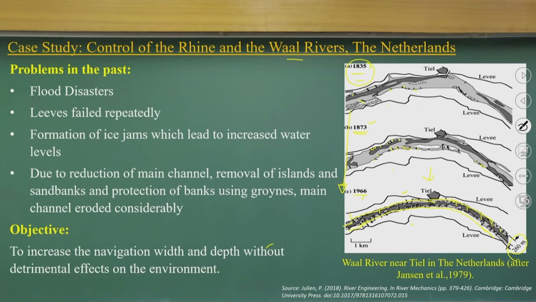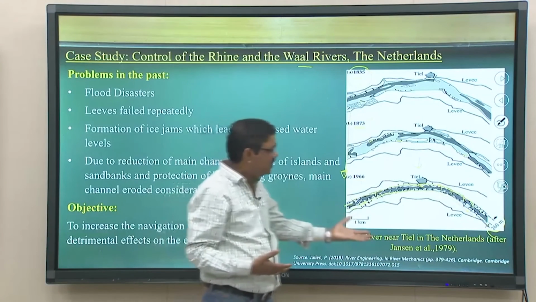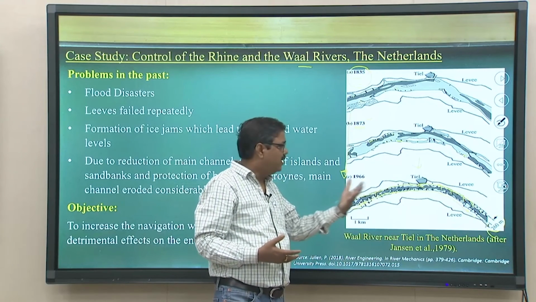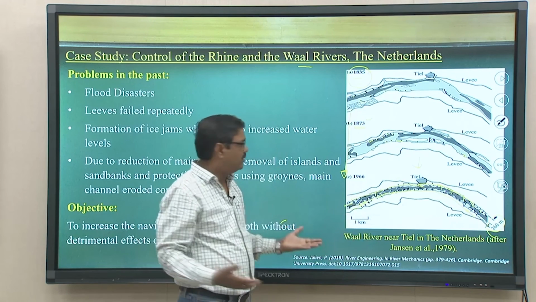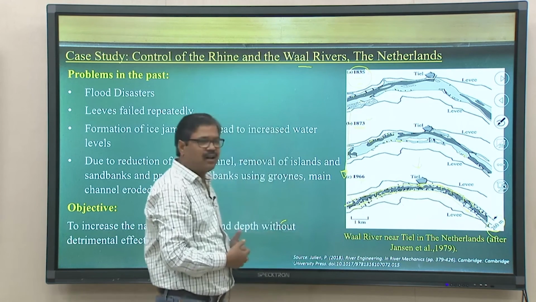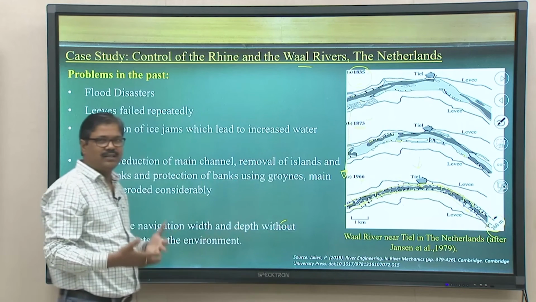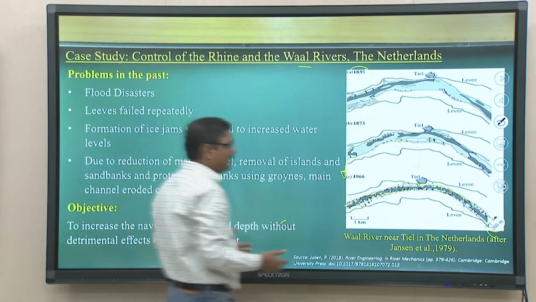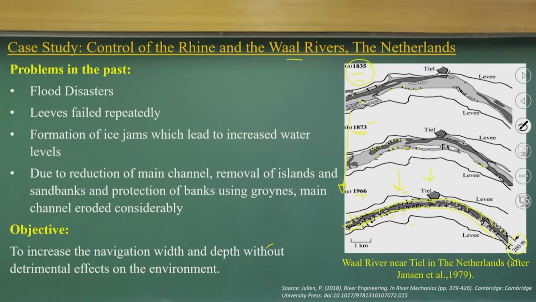It may take decades or maybe a century, but ultimately we get the benefits in terms of river health, in terms of aquatic life, and land reclamation can be done, a rich land that we get, and you can have the levees. It is possible, that is what this case study from the Netherlands is showing.